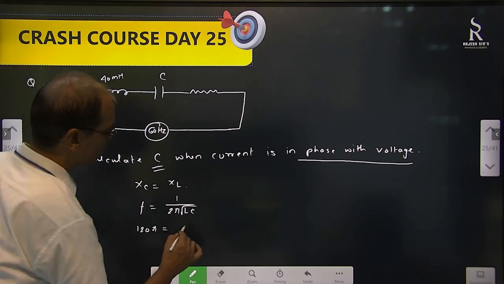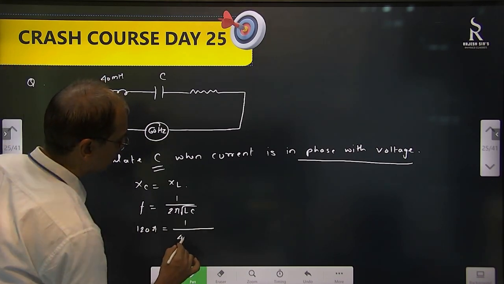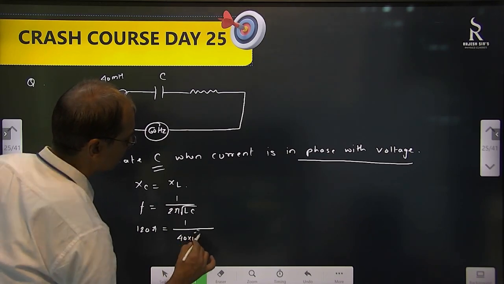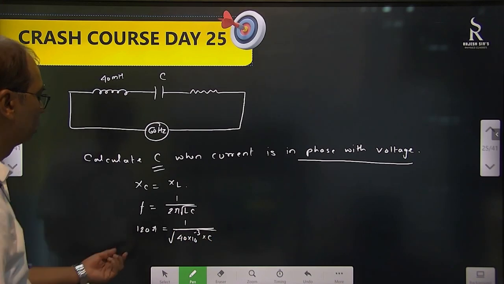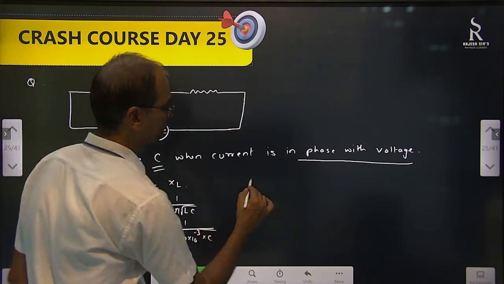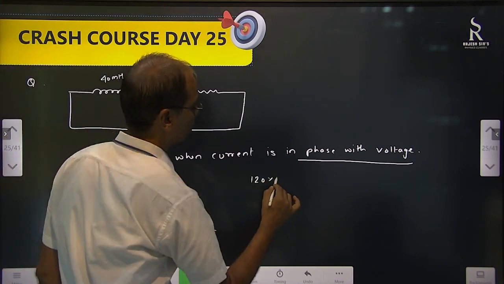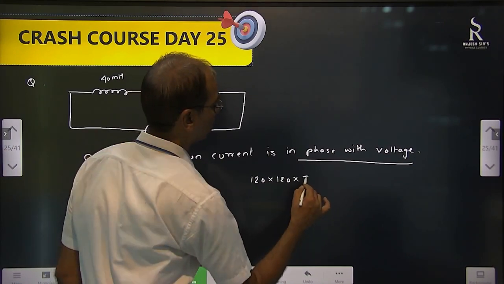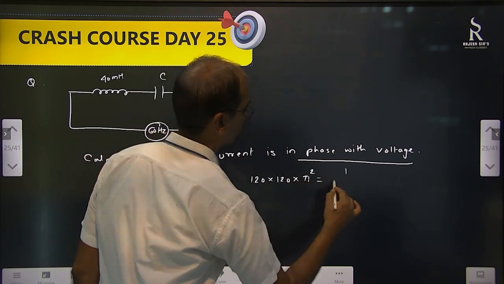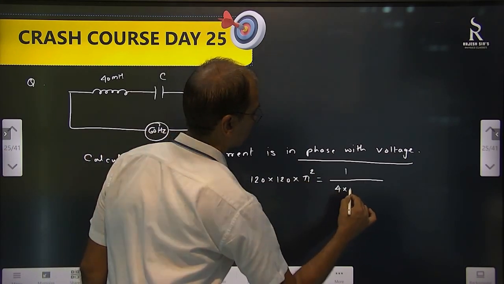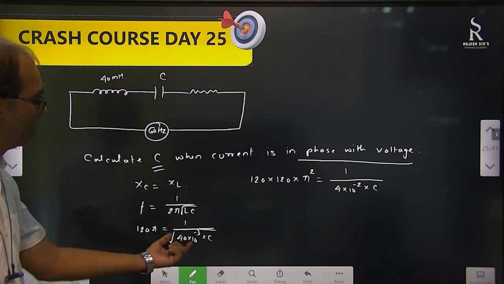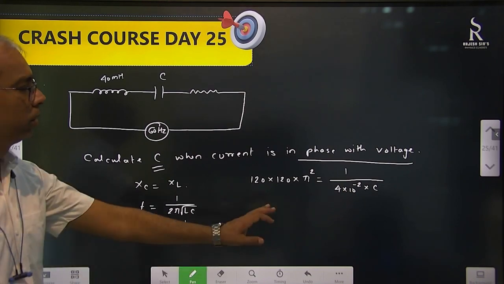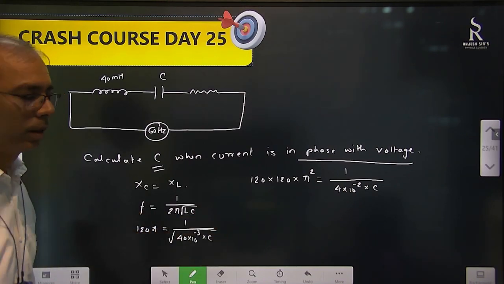L is given, 40 into 10 to the power minus 3 into C. Square this: 120 into 120 into pi square equals 1 by 4 into 10 to the power minus 2 into C. Yes, 4 into 10 to the power minus 2 will multiply over here.